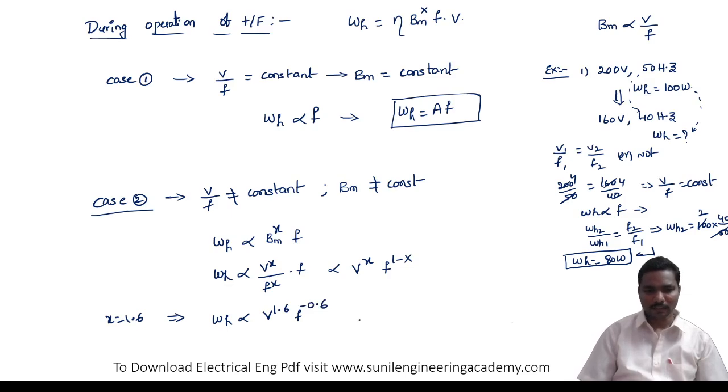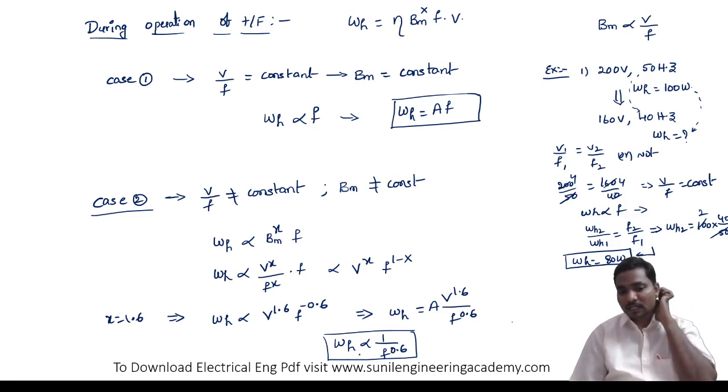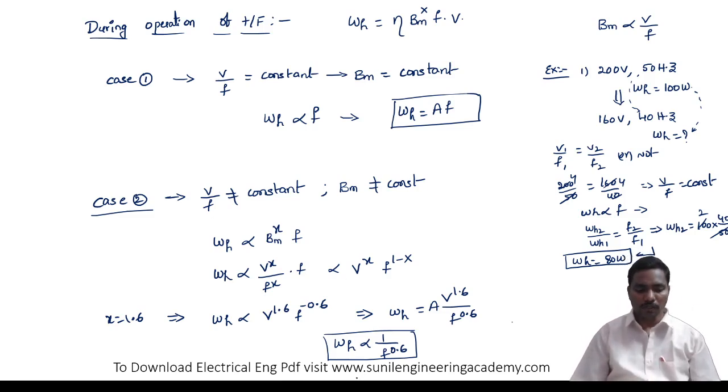So WH is equal to A V power 1.6 by F power 0.6, where A is a constant. From this, hysteresis loss is inversely proportional to frequency when V by F is not constant.